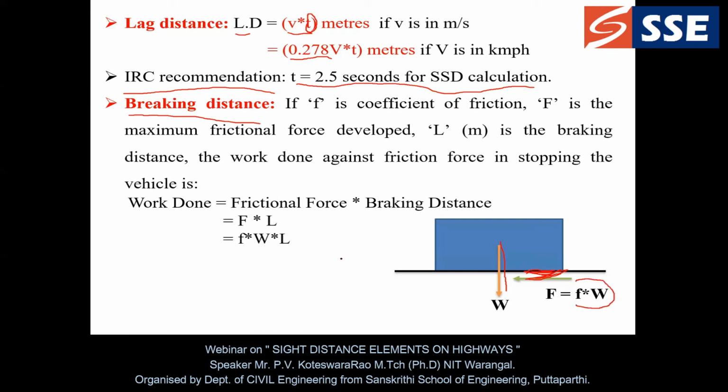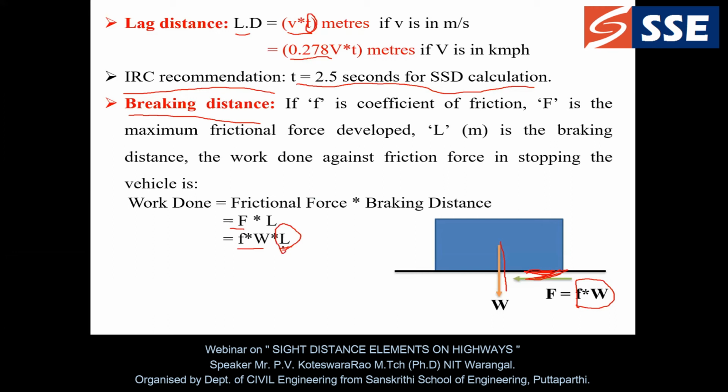The work done is force into distance. That force, capital F, can be written as small f into W, and the braking distance is L. We need to determine this L value. So how do we get this?